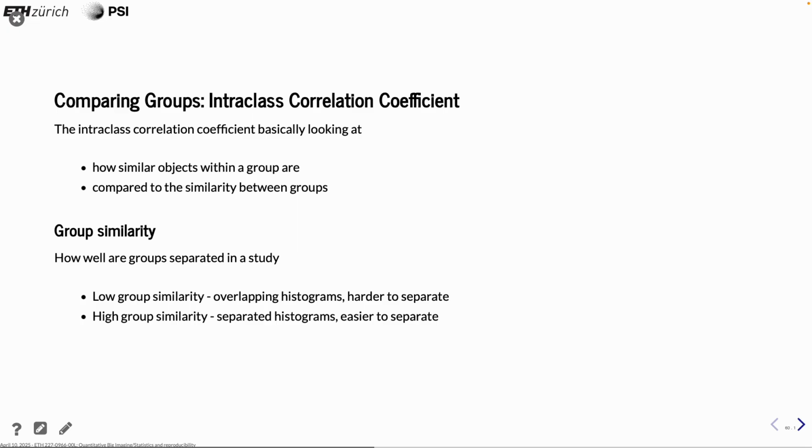If you have low group similarity, the histograms are very overlapped, and as you know already, overlapping histograms are harder to segment or identify, and also harder to separate. And if you have high group similarity, it means that the histograms are separated, and then of course also easy to handle in some hypotheses.